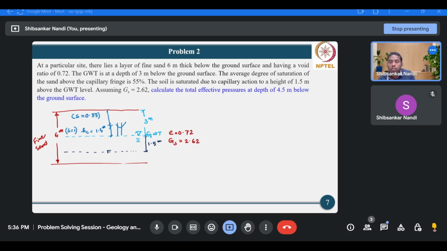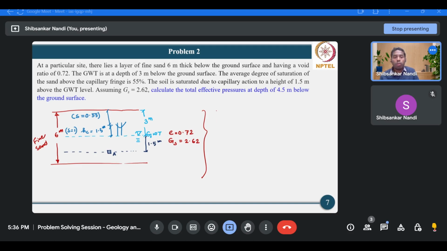Suppose here we have selected a point A, and at this point we have to calculate the total and effective pressures. So again we'll start from the calculation of bulk unit weight and saturated unit weight, because the height of capillary action is not required, it's directly given in this problem.